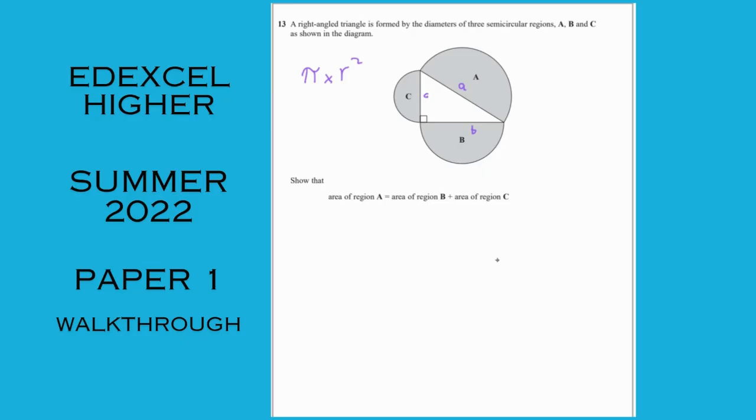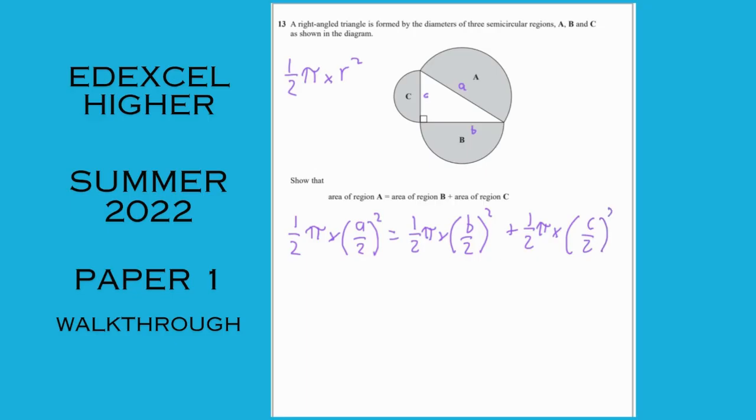So area of region A is going to be pi times the radius squared. But it's not a circle, it's a semicircle. We need to halve it. We need to do the same for B. So it's a half pi times b over 2 squared and a half pi c over 2 squared.